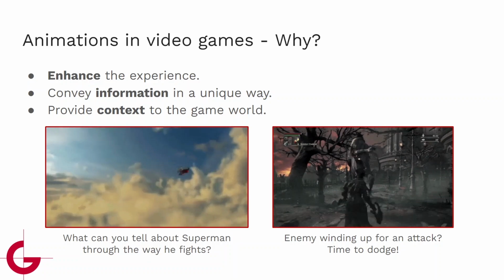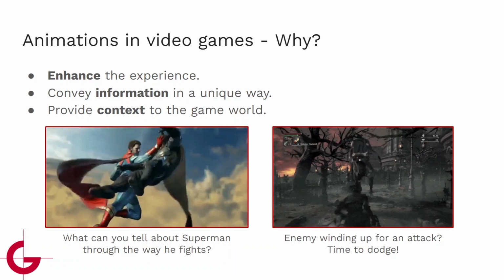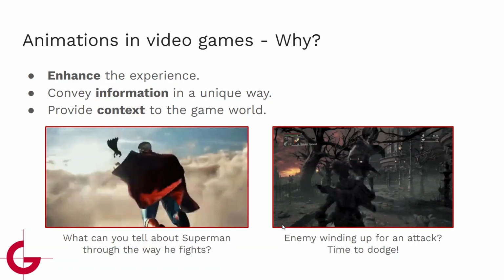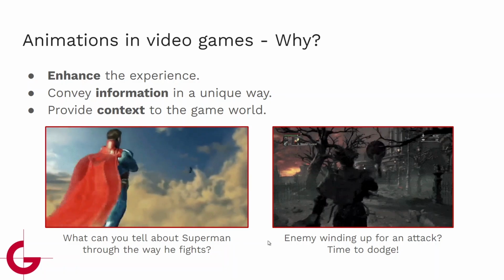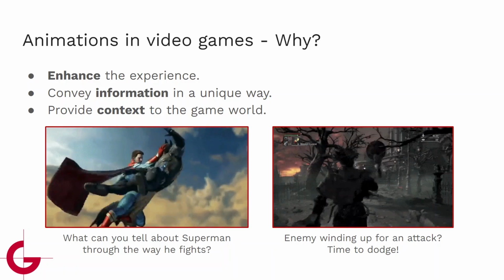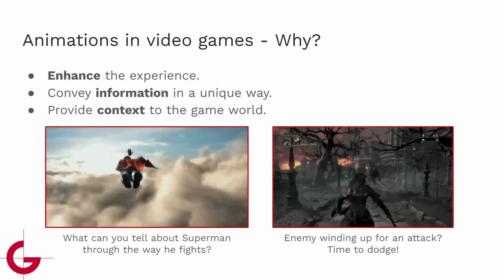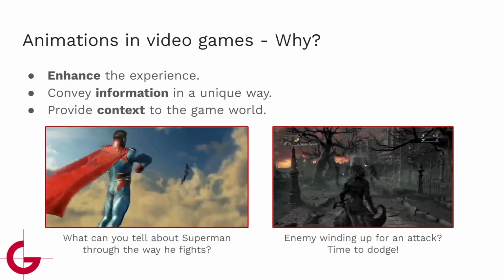And animation also provides context to the game world. So if you ever played Bloodborne, on the right here, you see an enemy winding up for an attack, well, you know that enemy is about to attack, and it's time to get out of the way, and you can tell that through their body language, their animation.